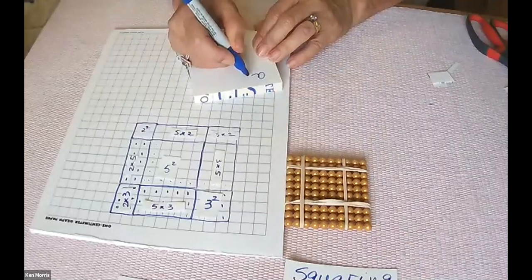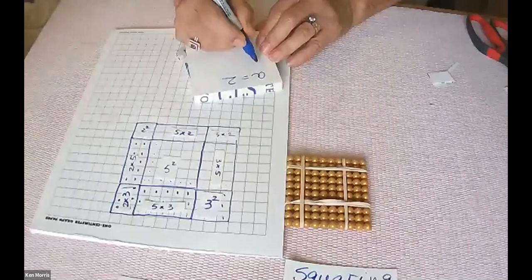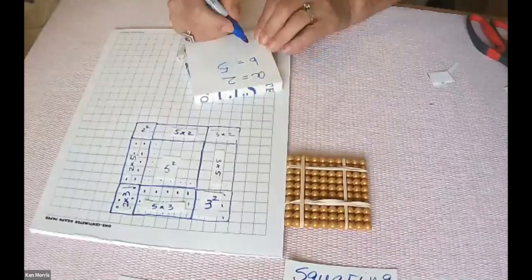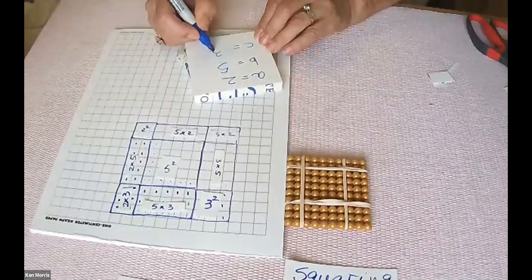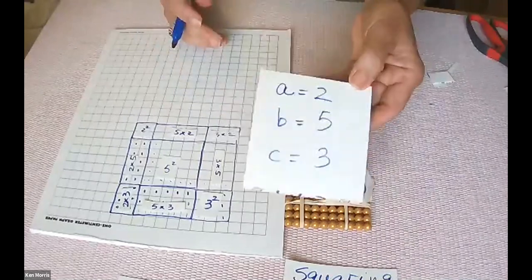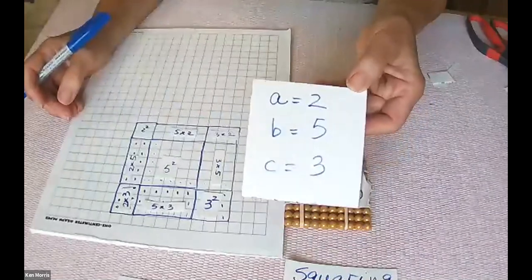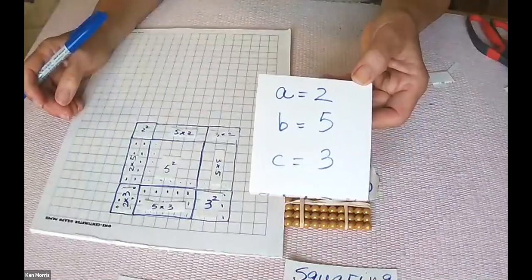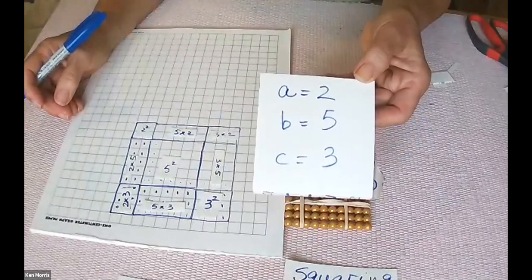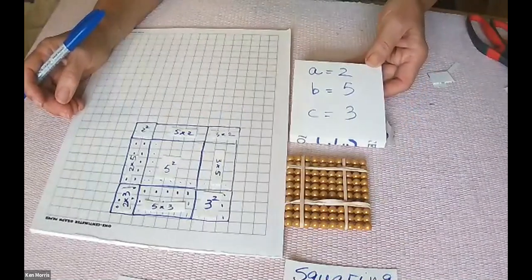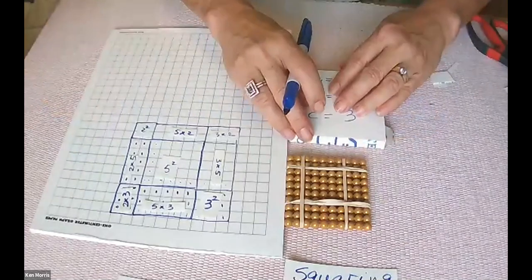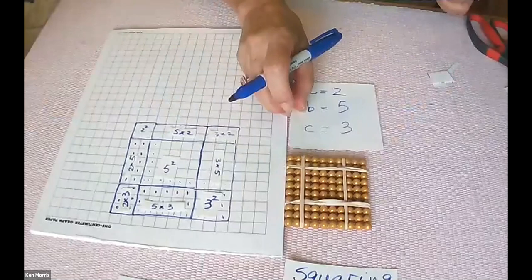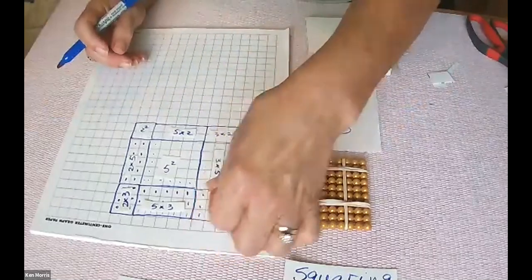I'm going to let A equal 2, B equal 5, and C equal 3. A equals 2, B equals 5, C equals 3. We are simply going to substitute.